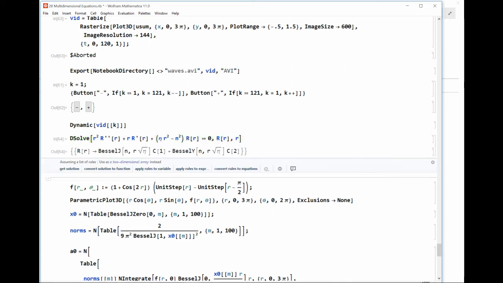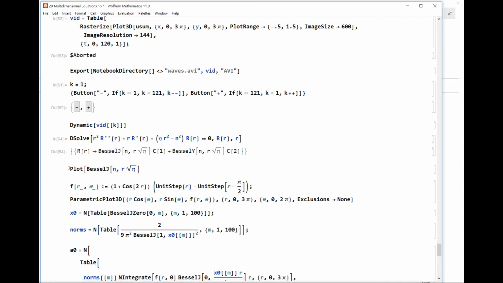So Mathematica gives us that it's either Bessel J or Bessel Y function. Let's plot one of those functions. And since we need two variables, n and eta, I'm going to manipulate both of them.